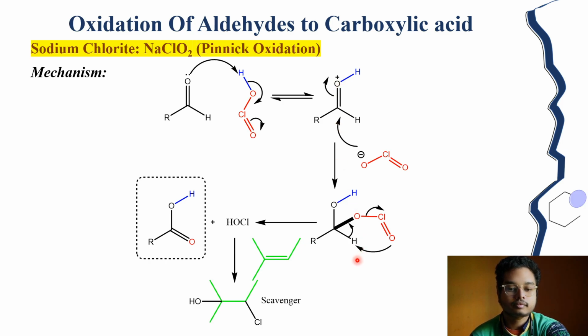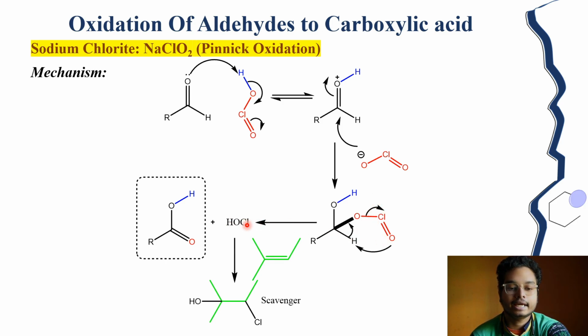After that, this oxygen lone pair captures this black hydrogen. The color coding is here so you can easily follow. So this bond goes here, and the overall O-Cl bond breaks apart.